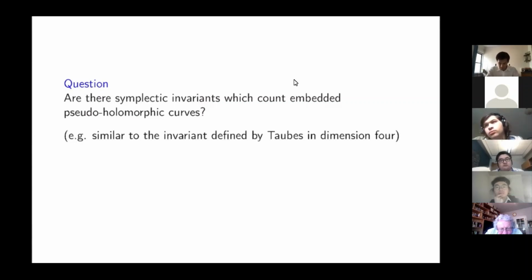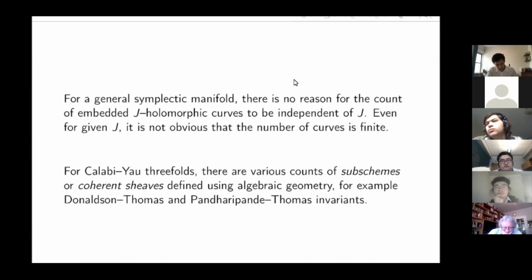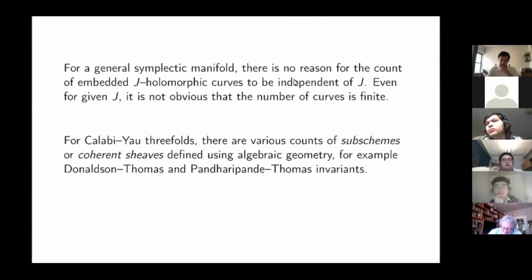So the individual numbers of curves are not invariants, but if you equip them with some weights, that becomes an invariant. I mean, this is not a theorem, but my expectation is that for a general symplectic manifold, you shouldn't expect such an invariant to exist.